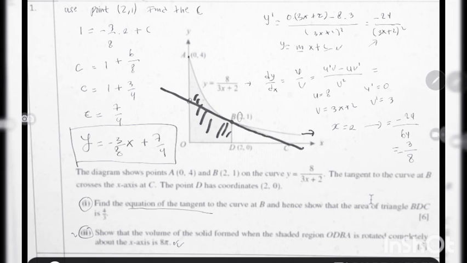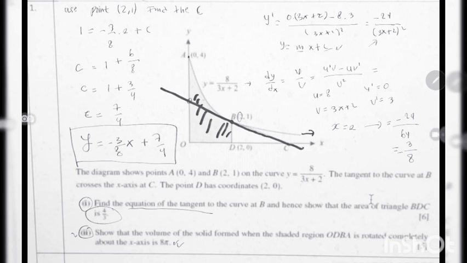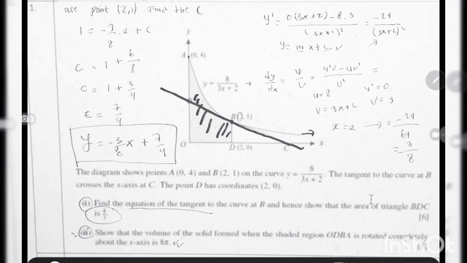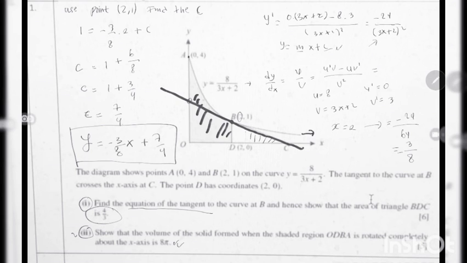Okay, so we continue. Hence show that the area of the triangle BDC is 4 over 3. It means we need to find the area of this triangle, right?